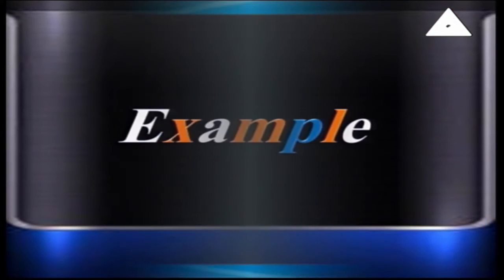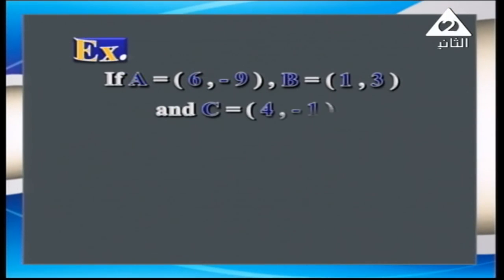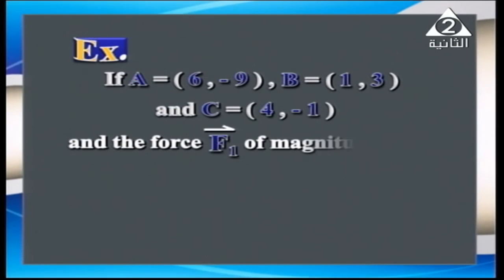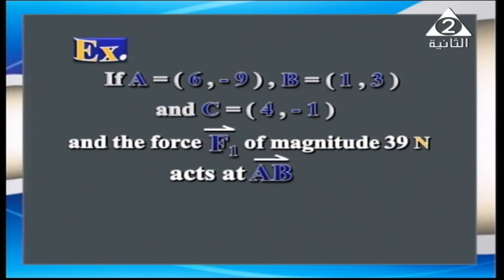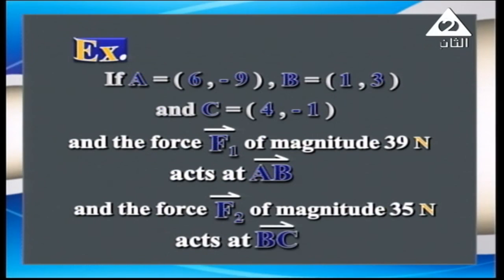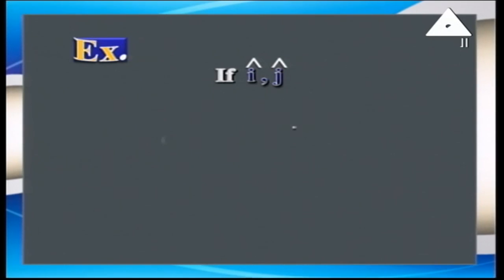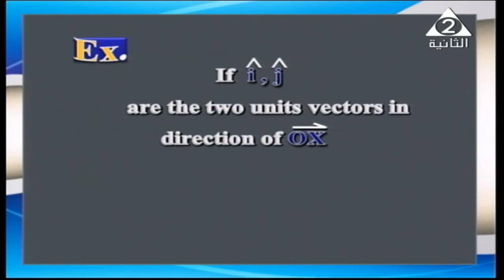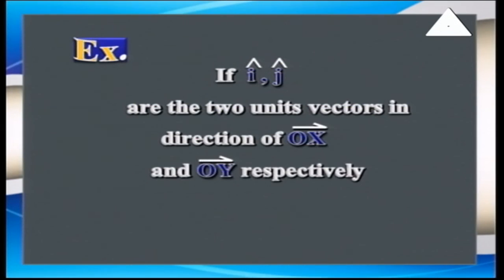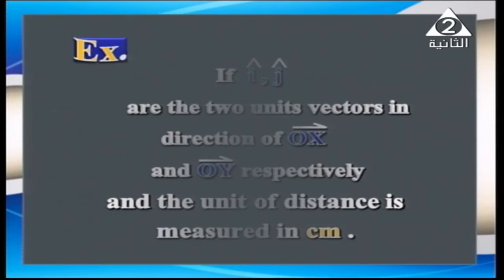If A(6, negative 9), B(1, 3), C(4, negative 1), and we have force F1 of magnitude 39 Newton acting in the AB direction, and force F2 of magnitude 35 Newton acting in the BC direction. If i and j are two unit vectors in the directions OX and OY respectively, and the unit distance is measured in centimeter, what is required?